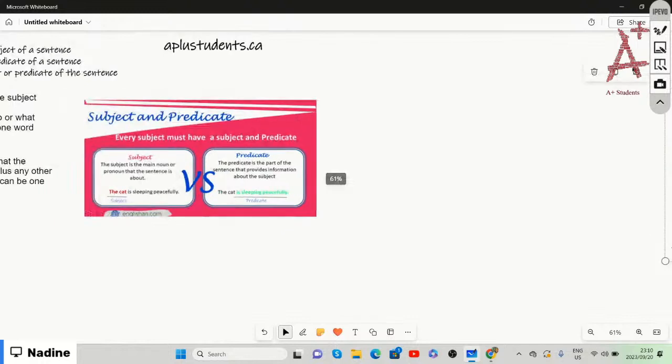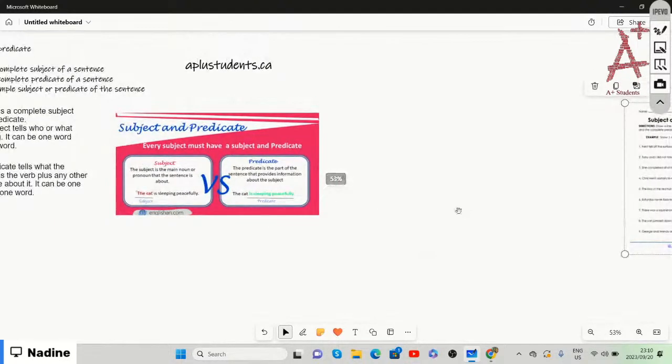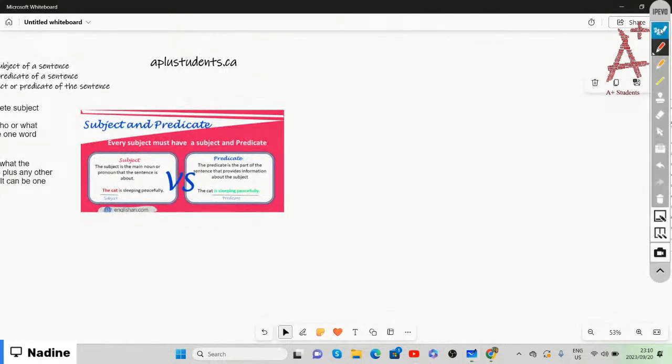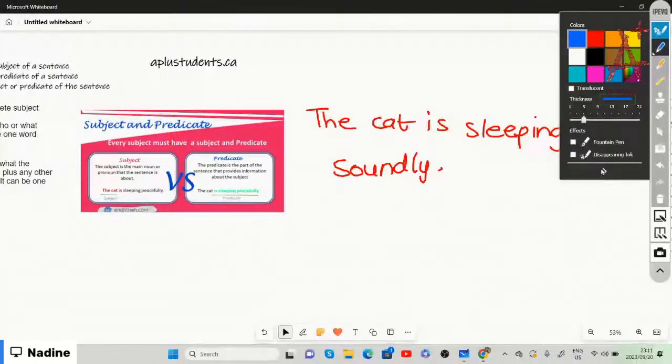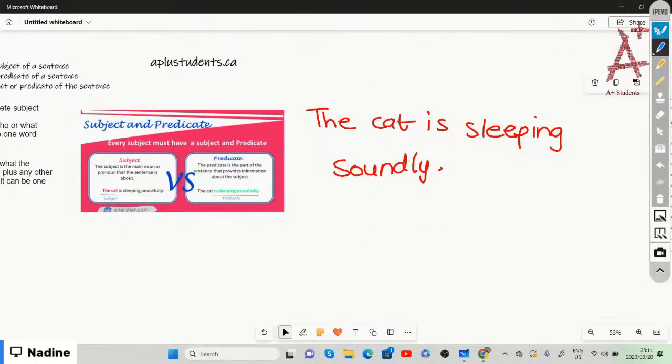If we look at an example of a subject and a predicate, we can say, the cat is sleeping soundly. Let's say soundly or peacefully. If this is our sentence, and we identify the subject within the sentence, then we can identify the subject as the cat.